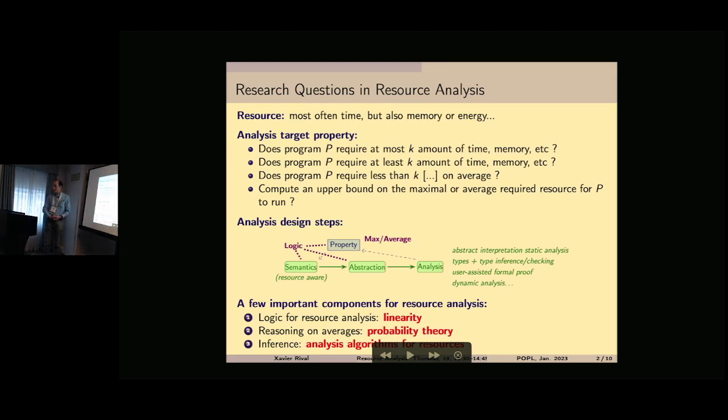So what is resource? First of all, we have to look into what the target property of the analysis that we are going to consider is. Usually we want to check that a program will at most use a certain amount of resource, typically time, sometimes memory, could be also energy. Actually, there are cases where you would like to know that the program will at least use some amount of energy, typically if you want to protect certain things and you want to make some work hard for someone else.